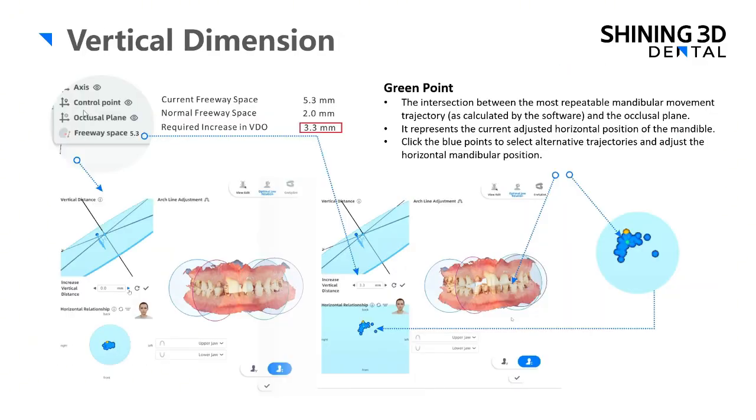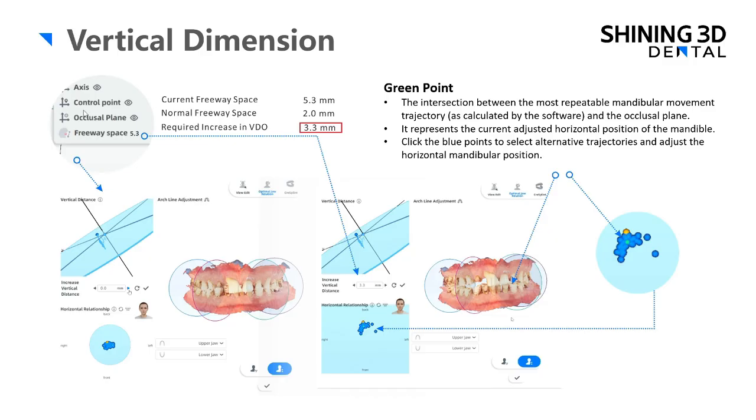The previous steps are for data capturing and coordinate system setting. Now we are entering the adjustment steps. For the vertical dimension I just mentioned, we are using the Freeway space as a reference to help us adjust the vertical dimension of the upper and lower jaw for this patient.